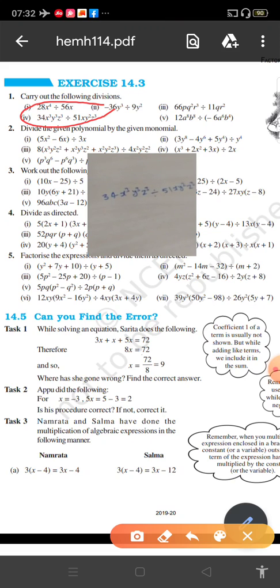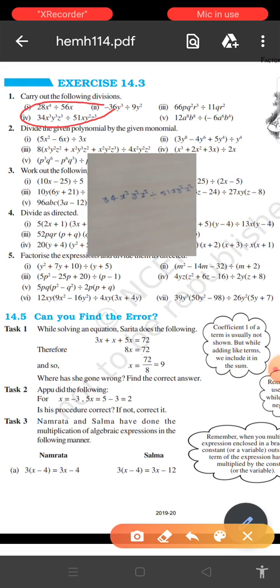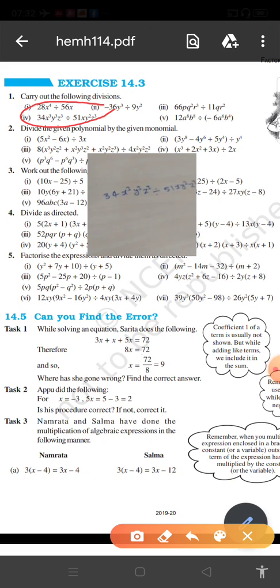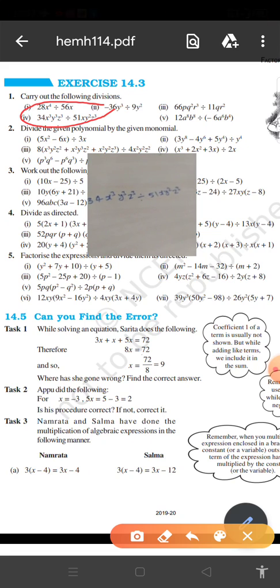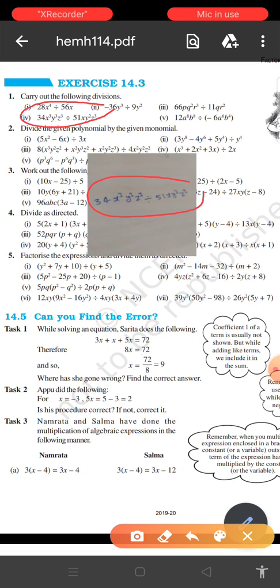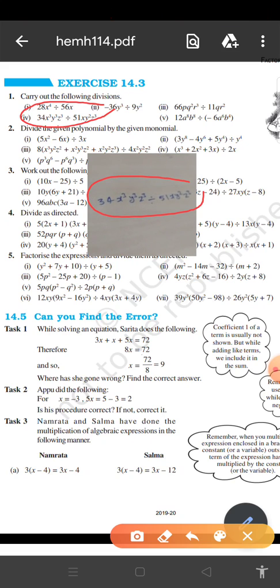Okay, so also you can write as common factors. Students, you can see this is your given question. So first let's see how to solve it.